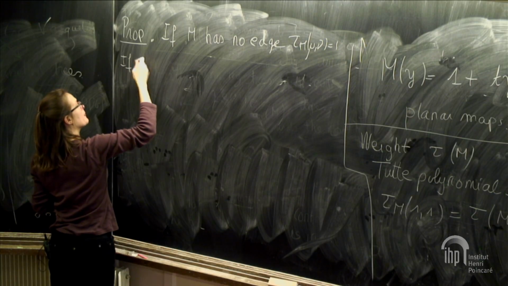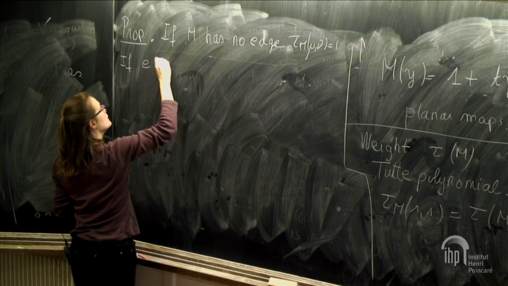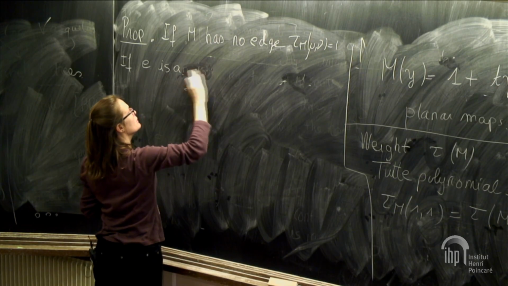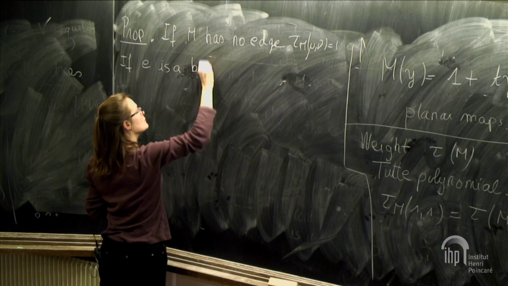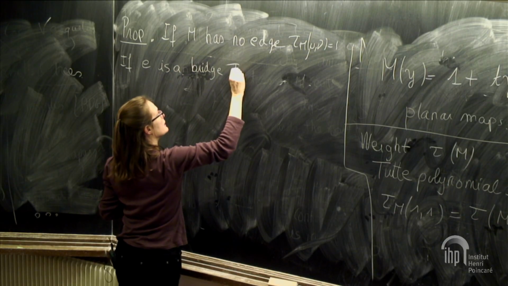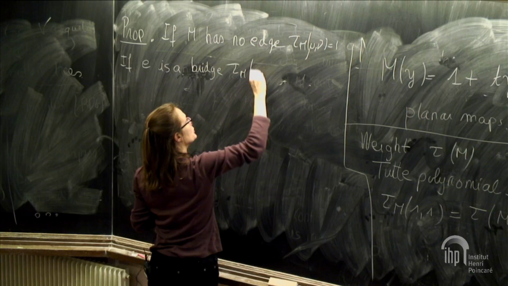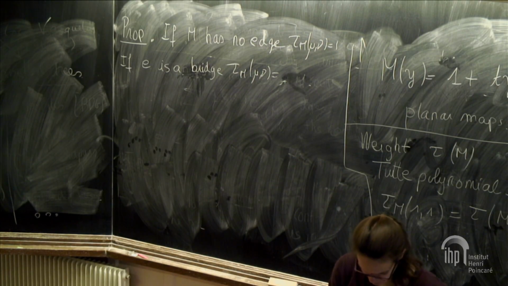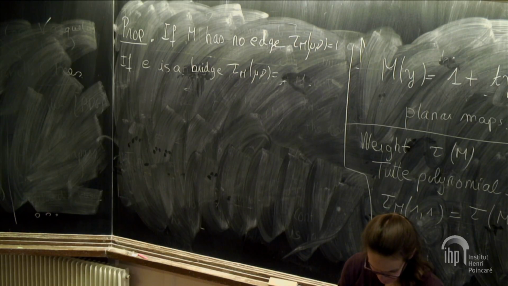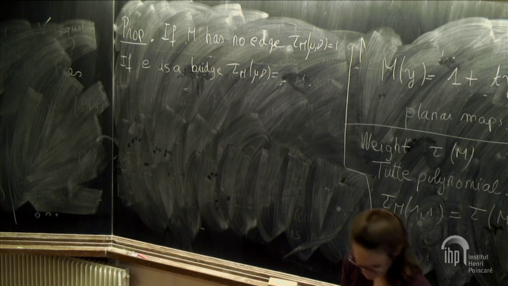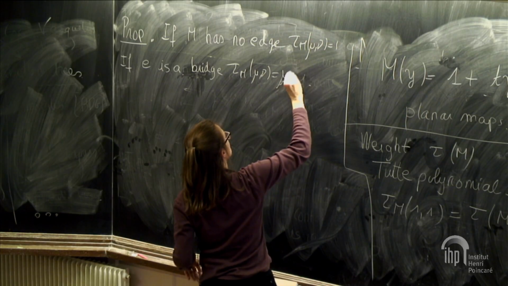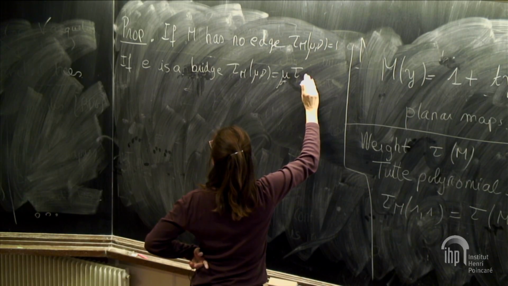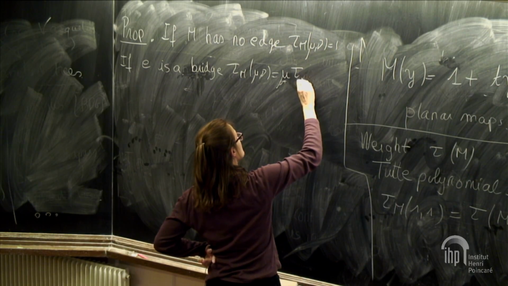If E is an isthmus or a bridge, then tau m is mu times the polynomial of the map where I contract it.